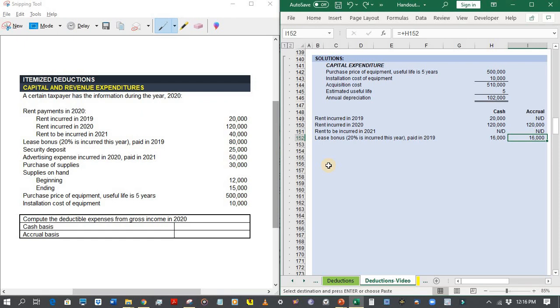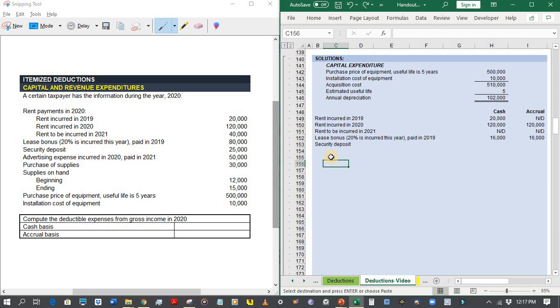Then for the security deposit, security deposits are prepayments. However, this is refundable. So again, what is a security deposit? This is a payment made by the lessee or the tenant to the lessor. What is the purpose of a security deposit? This provides the lessor security so that in case the leased asset or property suffers damages as a result of the lessee's action, the security deposit will be used to repair or renovate those damages.